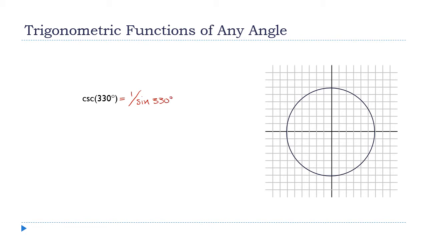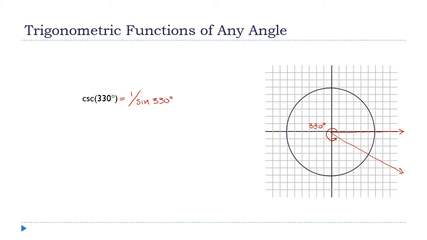And let's see, 330 degrees, that's a fourth quadrant angle. So I'm going to draw my initial side in the customary place, and I'm going to go around to the fourth quadrant. The angle is going to look like this. So there is my 330 degree angle.